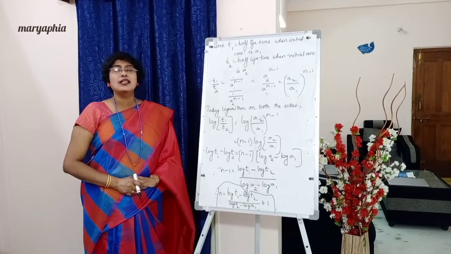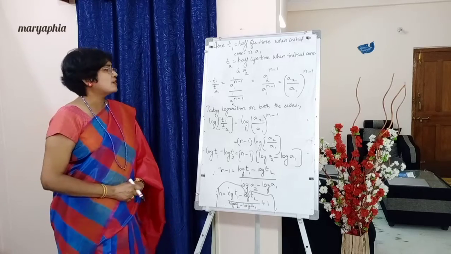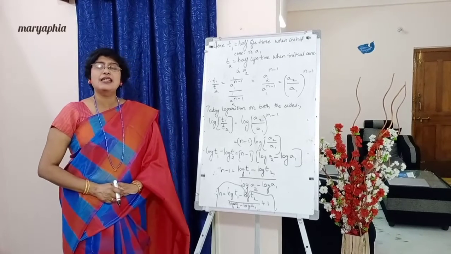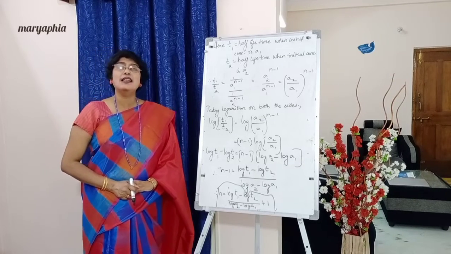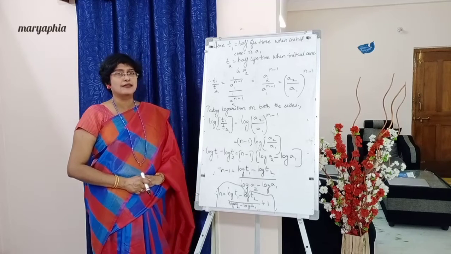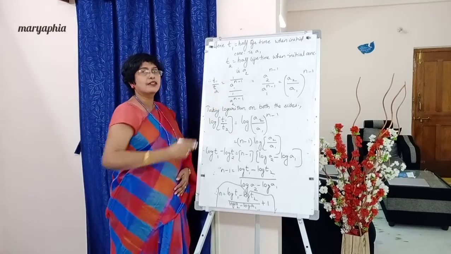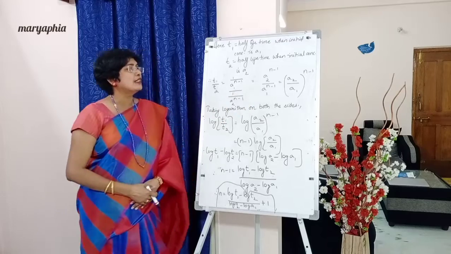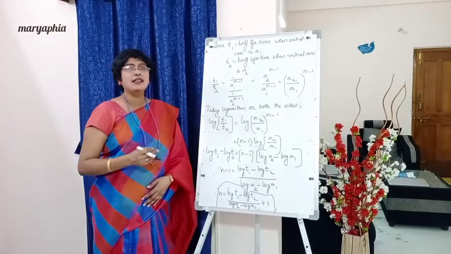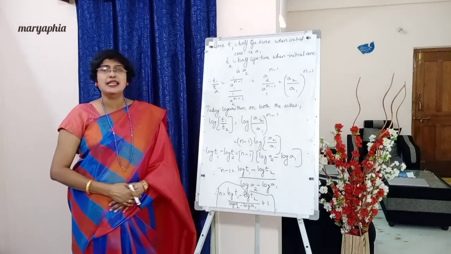Now below write down, students. Therefore t1 by t2 equals 1 by a1 to the power n minus 1, divided by 1 by a2 to the power n minus 1. So, t1 equation divided by t2 equation. Now this goes up and this will be in the denominator, so it equals a2 to the power n minus 1 divided by a1 to the power n minus 1.